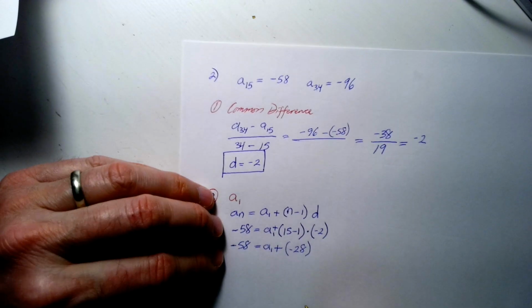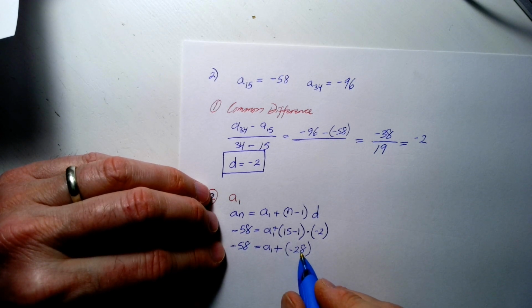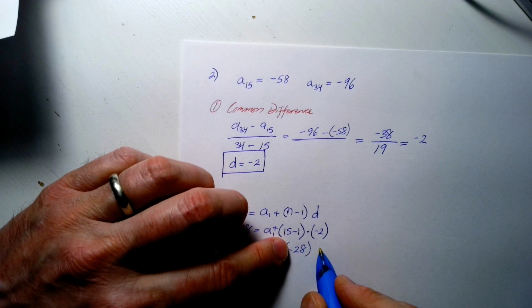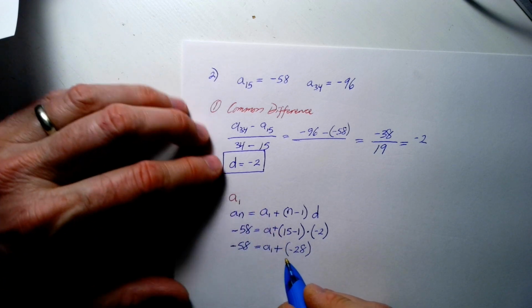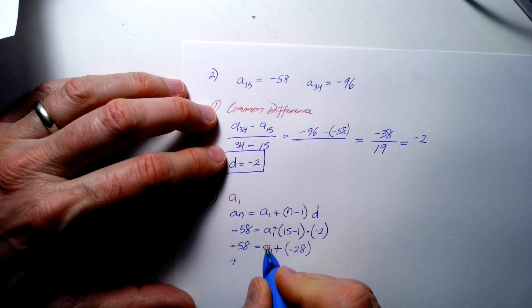Let's add 28 to both sides to get rid of that, because a negative 28 plus 28 is 0. I want to get A1 by itself.